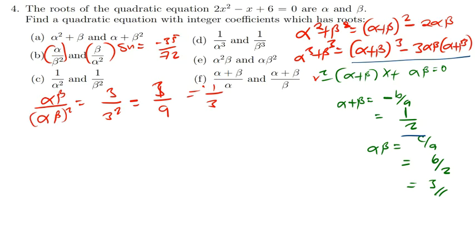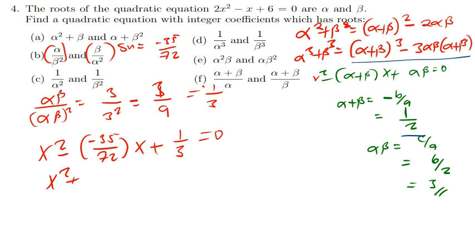Then the equation will be x squared minus negative 35 over 72 x plus 1 over 3 should be equal to 0. Now this is x squared plus, negative and negative is plus, 35 over 72 x plus 1 over 3 is equal to 0.